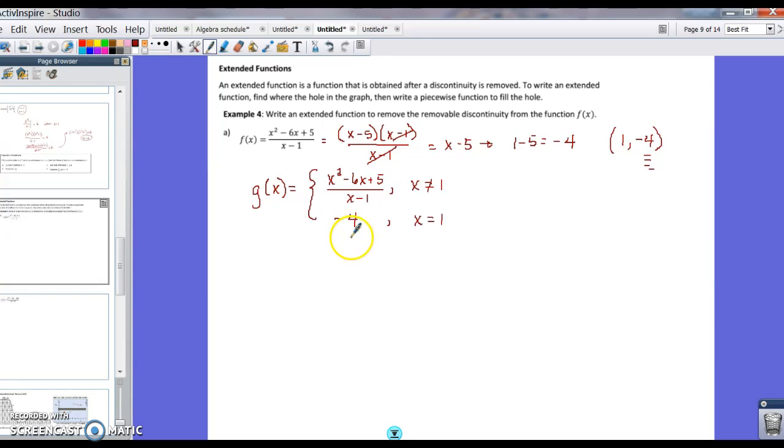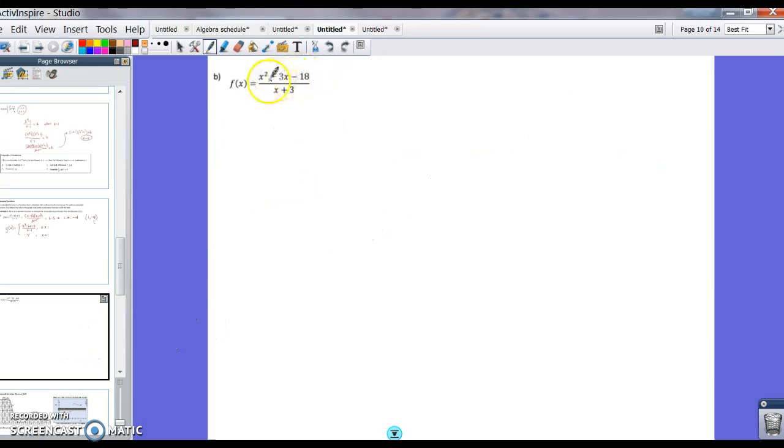I'm going to do a second example, same idea as this first one. Okay, again, I have this polynomial over a binomial. So the first thing I'm going to do is factor. When I factor the numerator, I end up with x minus 6 times x plus 3 over x plus 3.